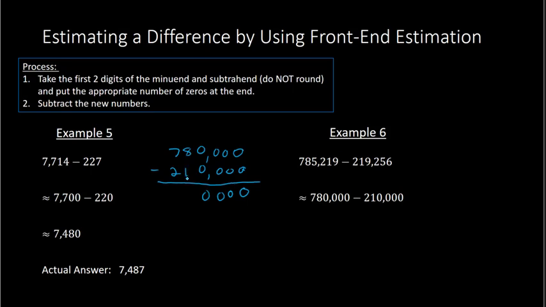Now we have 8 minus 1 to get 7, and then 7 minus 2 is 5. So my estimated answer would be 570,000, whereas the actual answer would have been 565,963. So again, we were pretty close, but this would be our estimated answer by using front-end estimation.